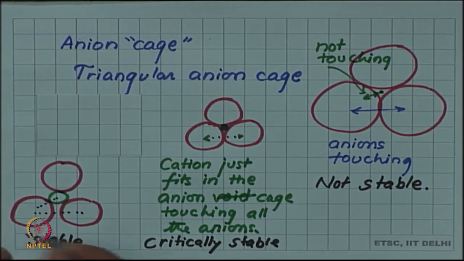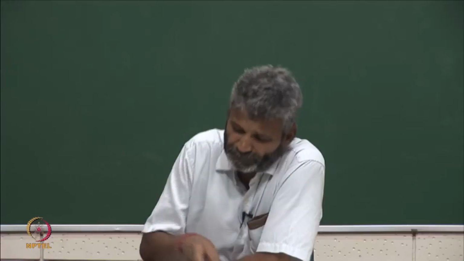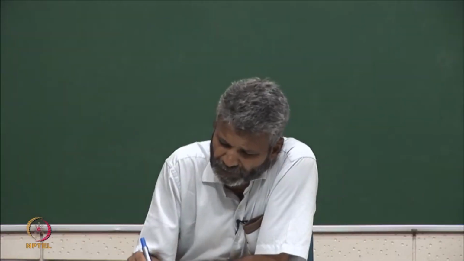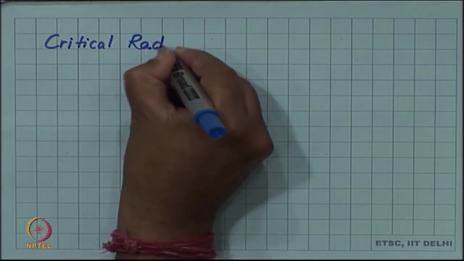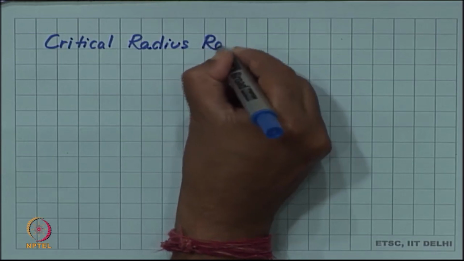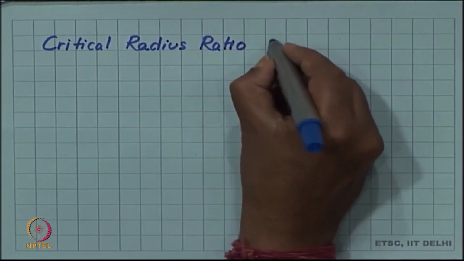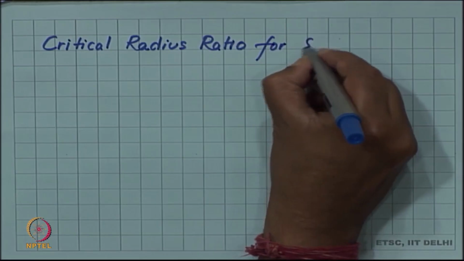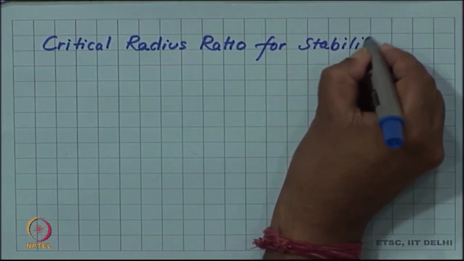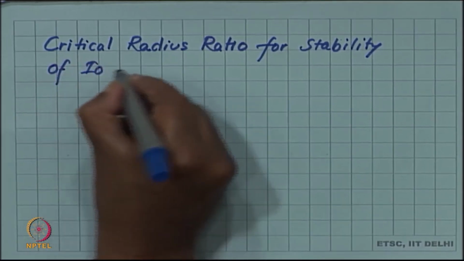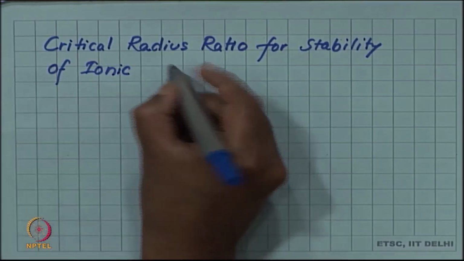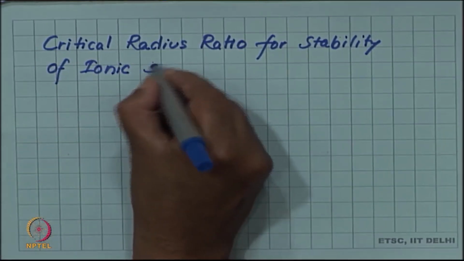So this will be the stable situation. Which means I can think of a critical radius ratio for stability of ionic structures.